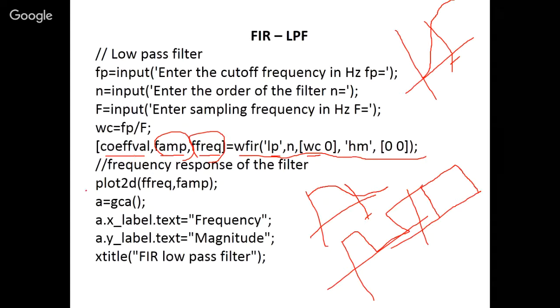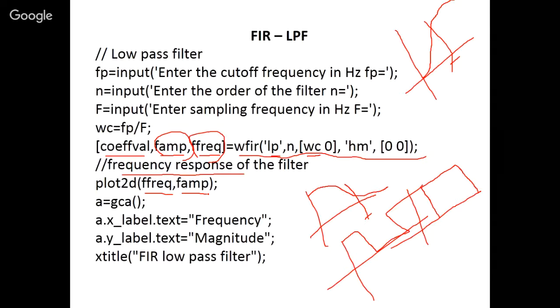Whenever you plot the frequency response, here I am giving that this is my frequency response. In the frequency response, this is your x-axis, that is the frequency f, and this is your y-axis, that is the amplitude. We are calculating only the frequency response of the filter.